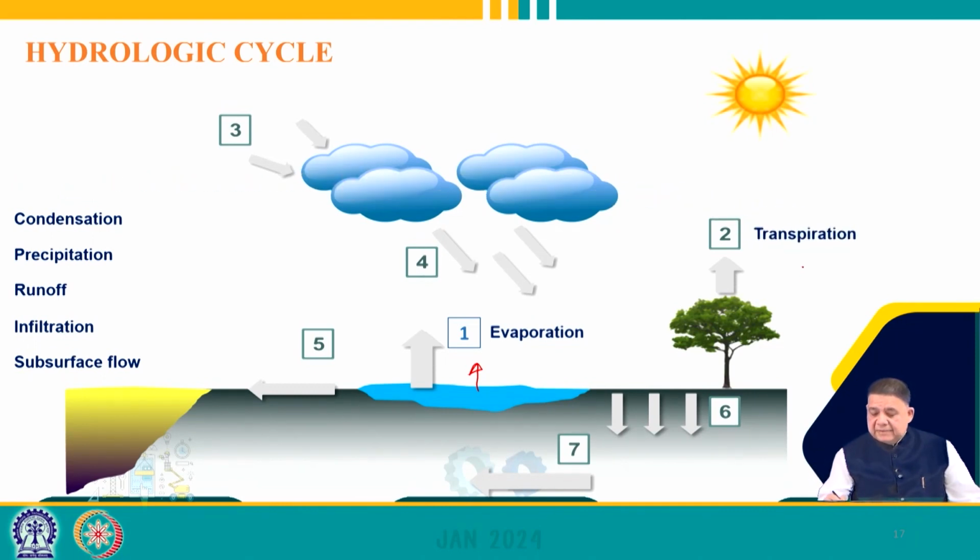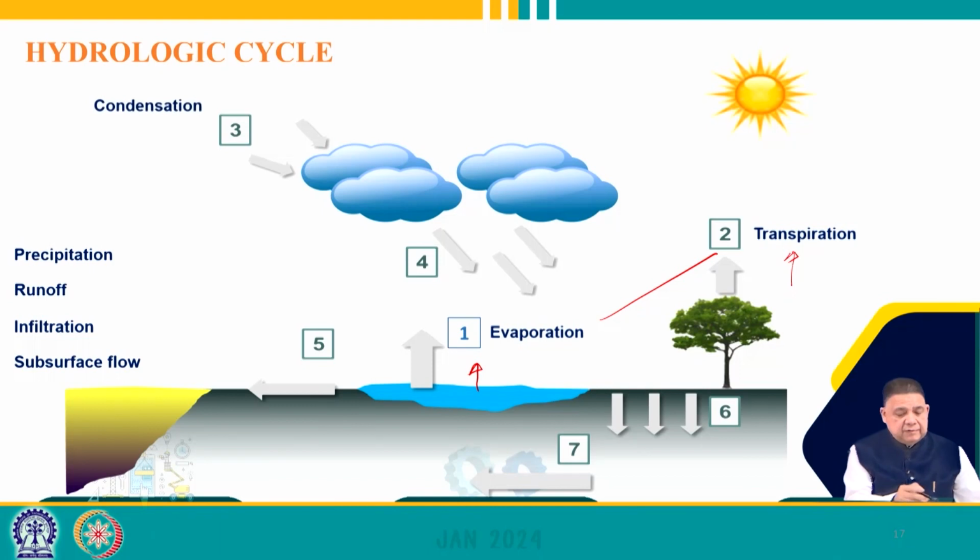Similarly, plants, we all know that they transpire water from their surfaces in order to meet their water requirement. So, combined together this evaporation and transpiration, they carry water from land surface or plant surface to atmosphere, where cloud formation takes place. Then obviously, when situation arises, condensation occurs, and once condensation occurs, then precipitation takes place.